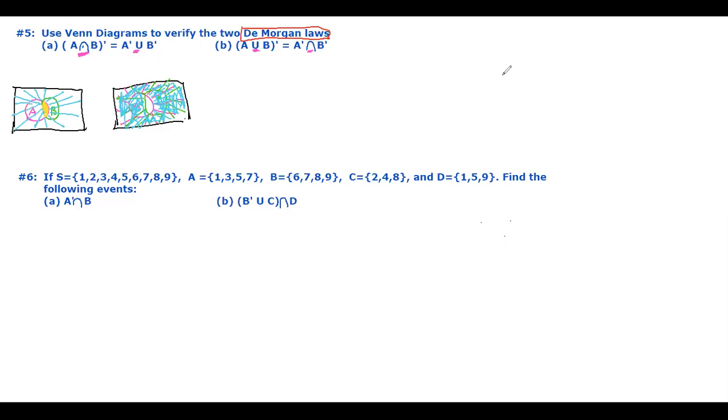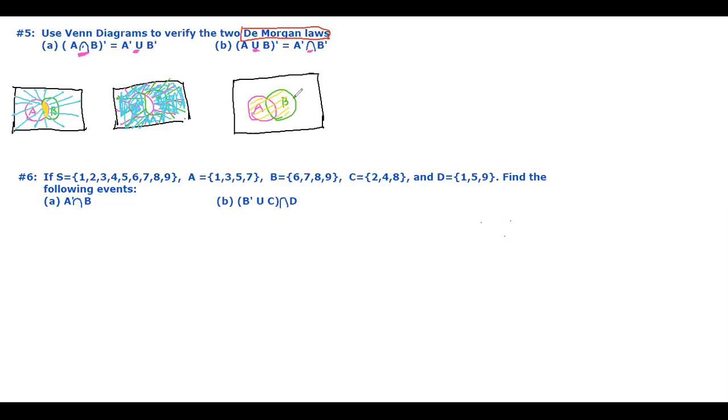Okay, now let's take a look at the second De Morgan law. This is A union B, right? So this is A, and this is B. The first thing here is A union B. Remember, A union B means you just combine A and B together.